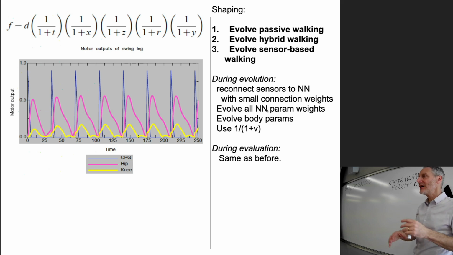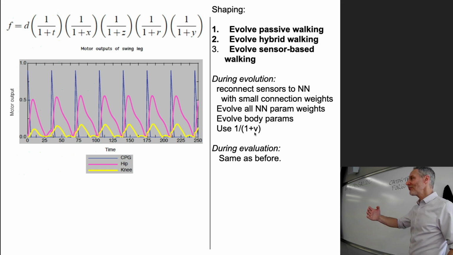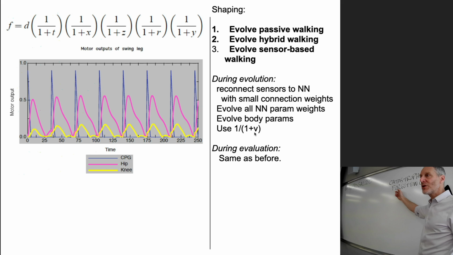Evolution is tinkering with all the synaptic weights now. And we're still using 1 plus 1 evolution. During phase 3, we want to make sure that the robot doesn't learn sensor-based walking, but forget how to do hybrid walking without sensation and forget how to do passive walking without sensory feedback. So far, so good?